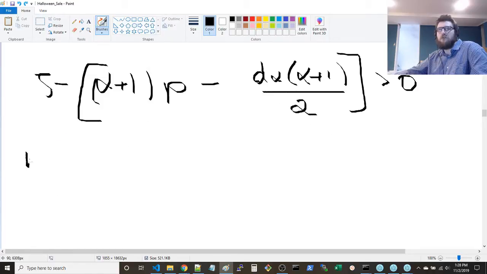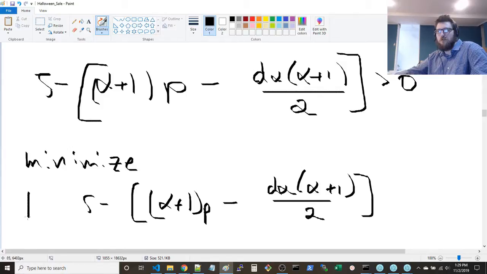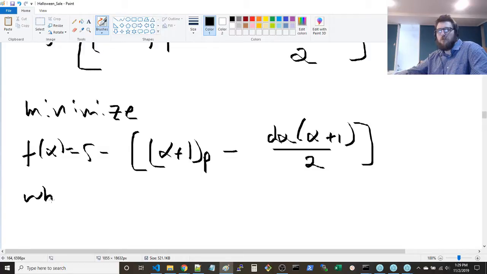So let's say minimize s minus alpha plus 1 of p minus d alpha, alpha plus 1 over 2, where alpha is a positive integer.